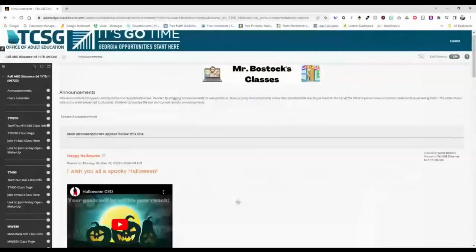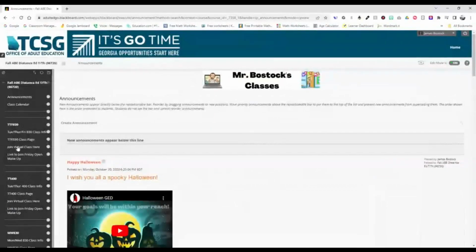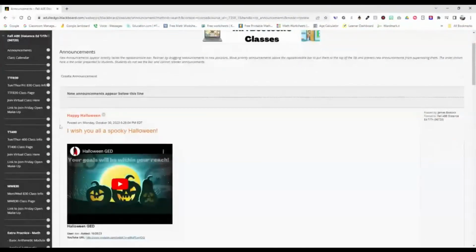Over here on the left, on this black bar, there are sections. The top section says TTF830. This is your class. There are 3 classes that use this Blackboard site: the Tuesday, Thursday morning class, the Tuesday, Thursday afternoon class, and my Monday, Wednesday face-to-face class.